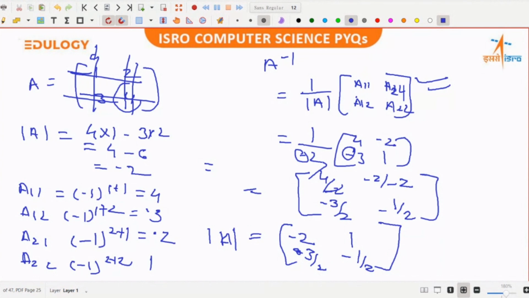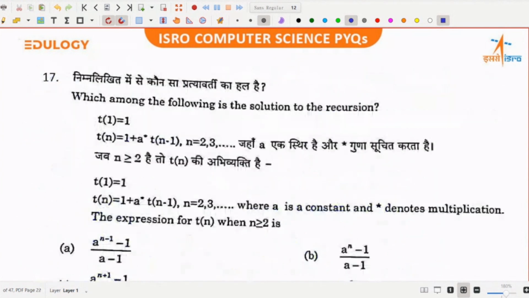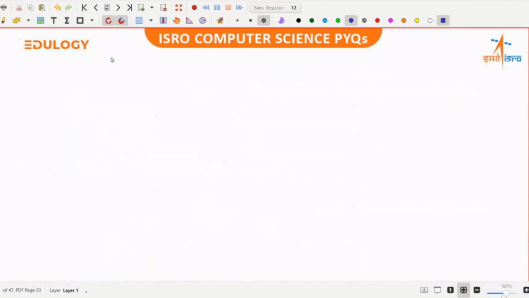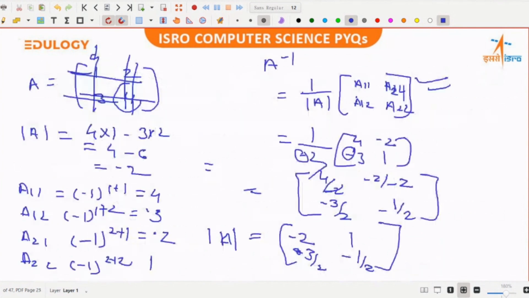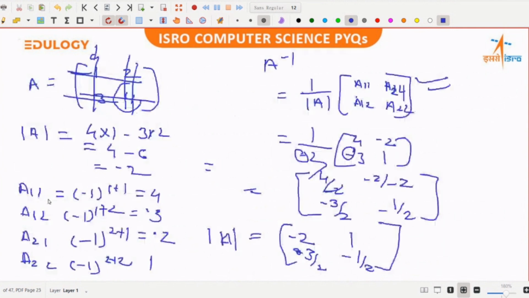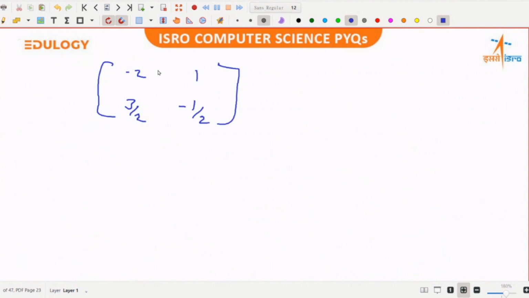I want one more blank page. So what was our equation? This: minus 2, 1, 3 by 2, minus 1 by 2. This is our A inverse.